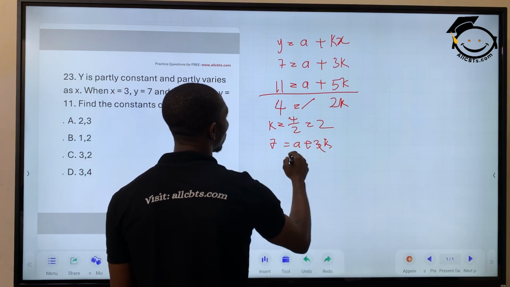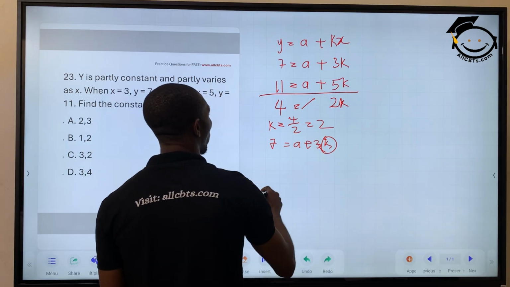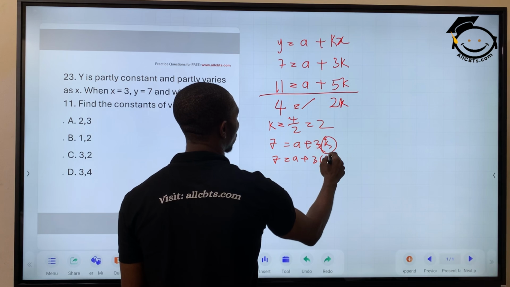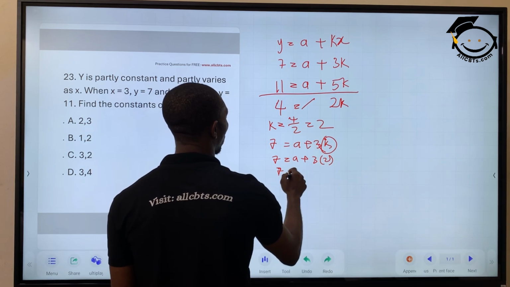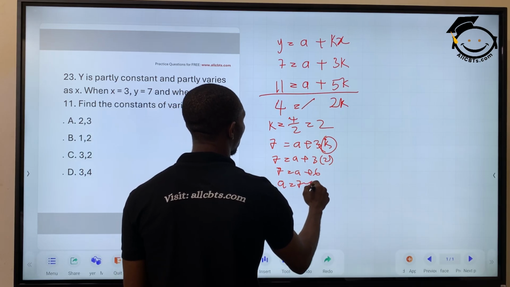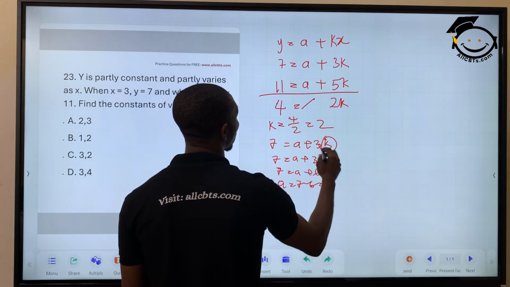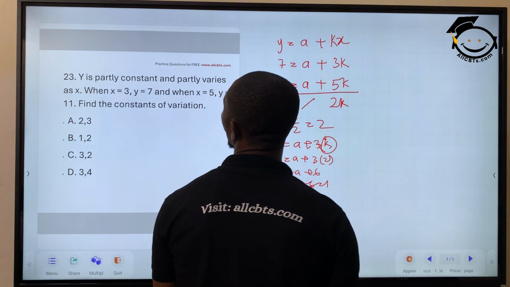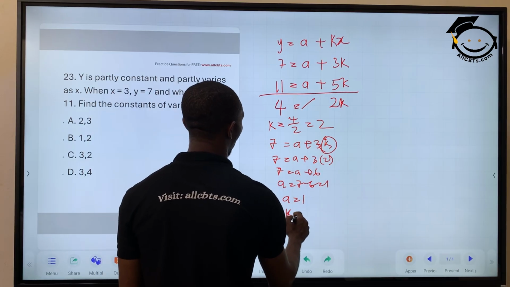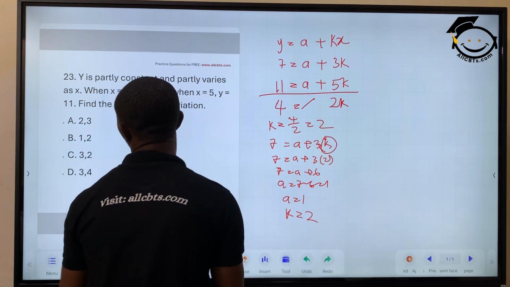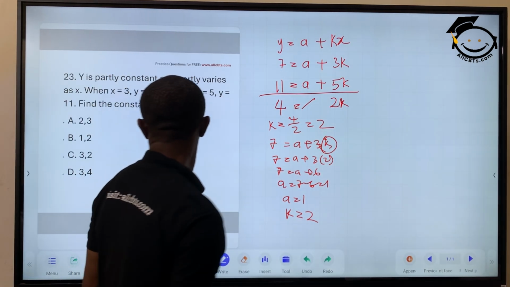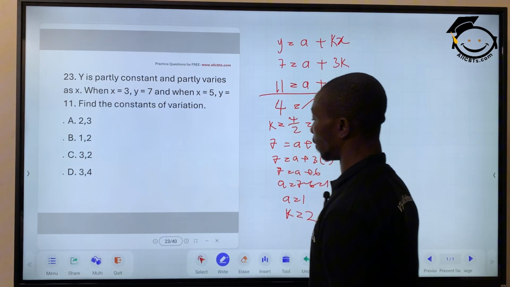Where k is 2, we have 7 equals a plus 3 times 2, which is 7 equals a plus 6. a equals 7 minus 6, which is 1. So a is 1. It says find the constants of the variation. If a is 1, k is 2. Those are the constants of the variation.